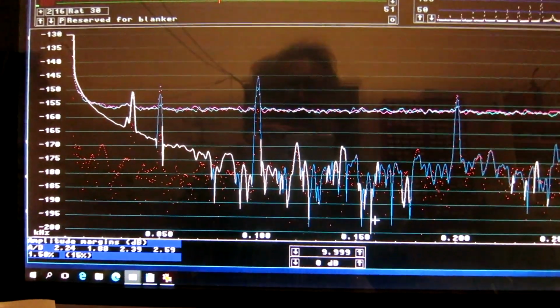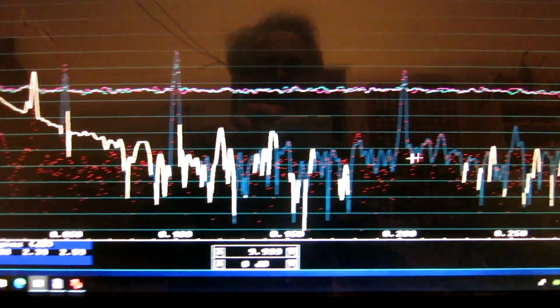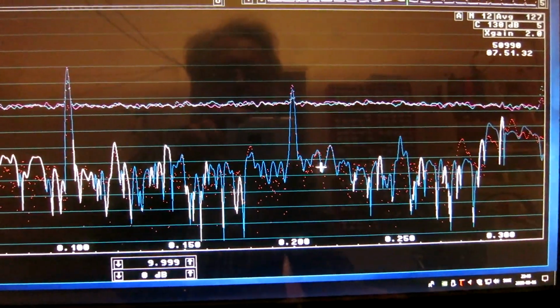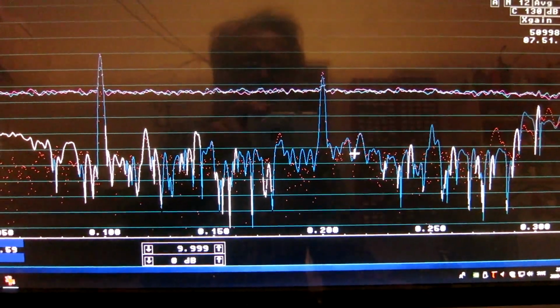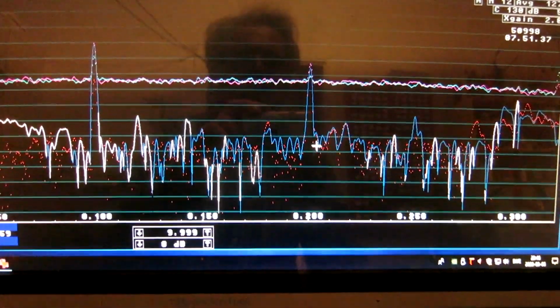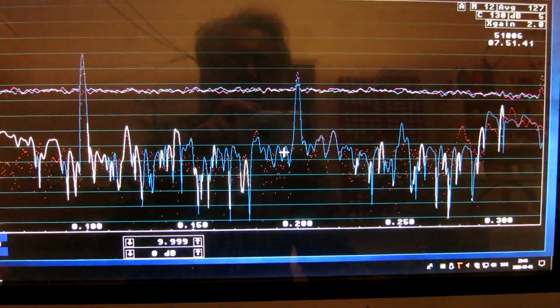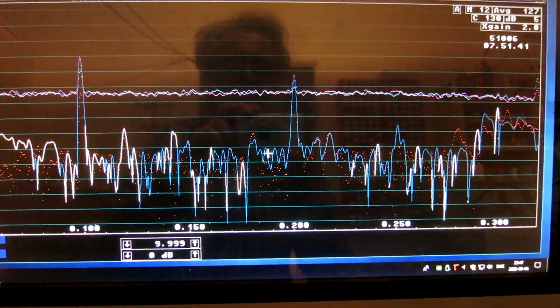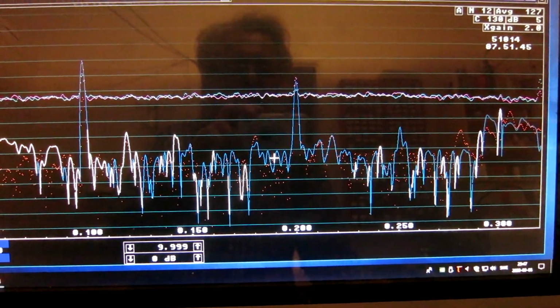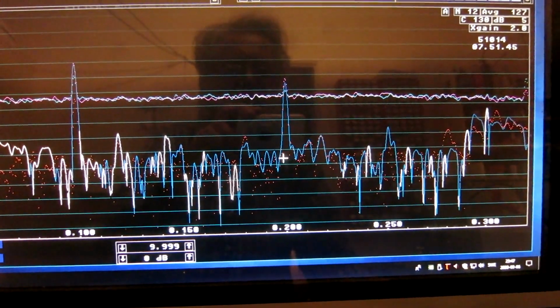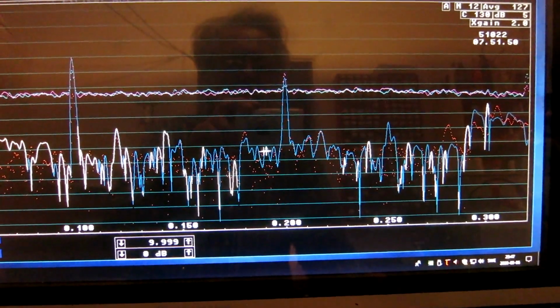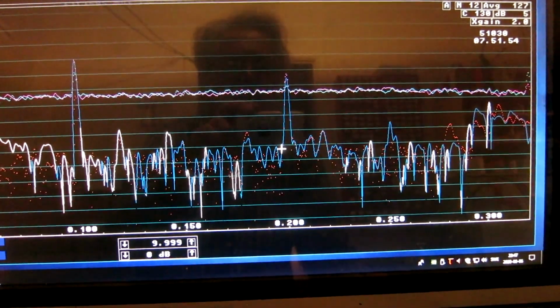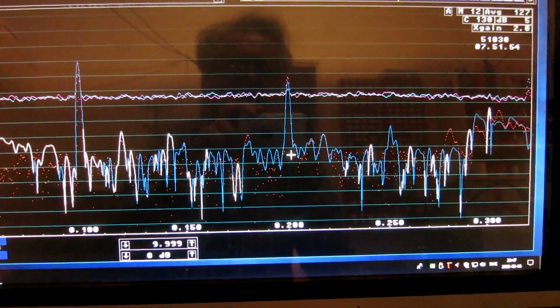The blue here means that the signal is negative. It means that the noise voltage, the amplitude component of the noise from the 50 ohm dummy load is larger than the noise coming from the signal source.